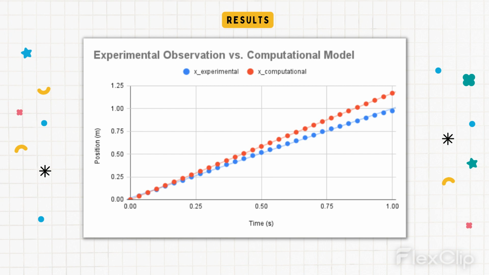My main guess for this is that there is actually friction in real life that might be influencing the behavior of our experiment, whereas in our computational model, it was assumed that the net force was 0 and the friction was 0 as well. So, that can be one reasoning as to why there is a slight difference between both.